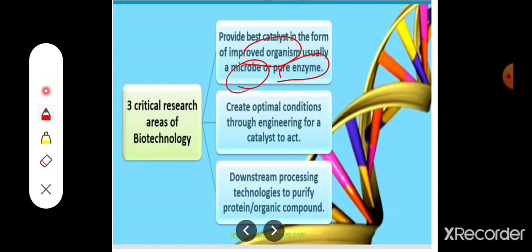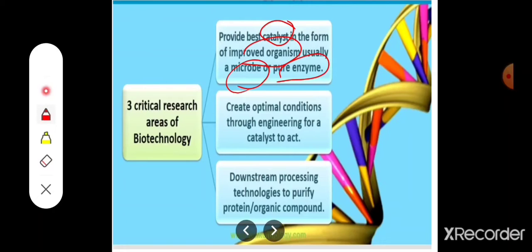People are still researching how to form a good catalyst. A catalyst is something which helps in increasing the rate of the necessary reactions, right? So it is used as the catalyst.